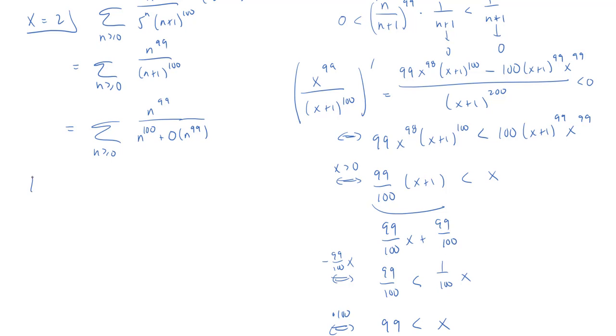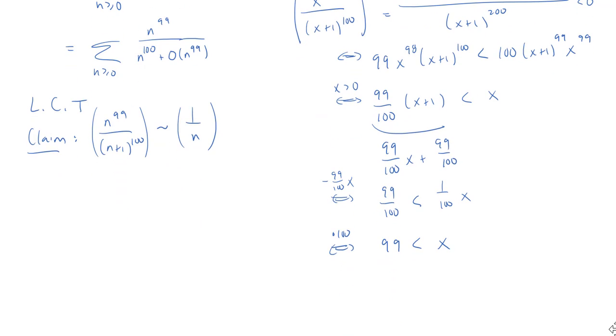Okay, so we want to now use the limit comparison test. So what I'm going to do is I claim that n to the 99 over n plus 1 to the 100th is asymptotically equivalent, as a sequence, to the sequence 1 over n. Okay, so to show that this claim is true, I need that, of course, all these are eventually positive.